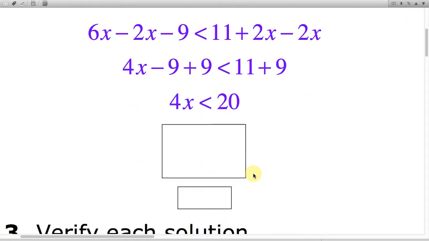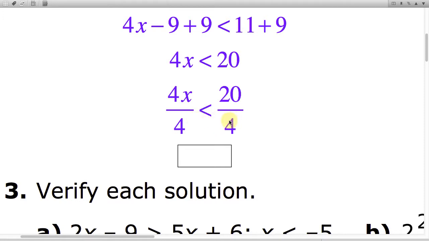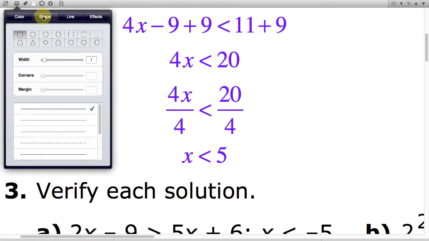And so next we are going to divide both sides of the equation by the coefficient of the variable, which is 4. We get x is less than 5. Now I just see here that I've forgotten to put my number line on, so I'm just going to add that in now.